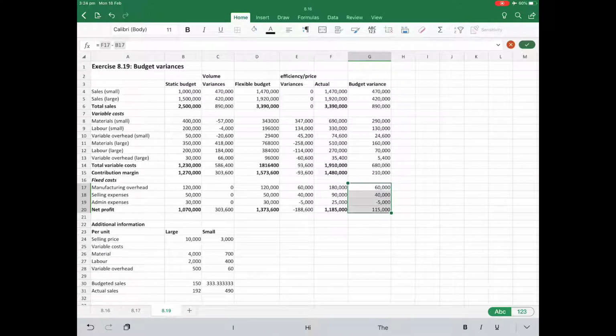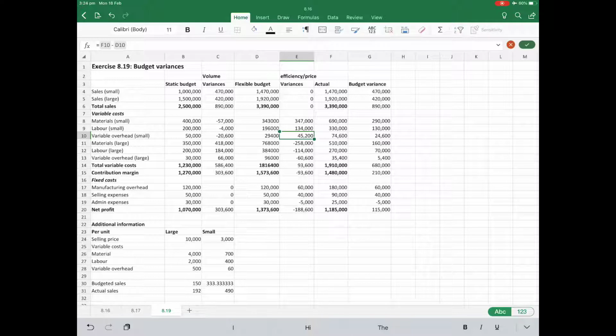Actually, if you add column C and column E, we will get column G. So basically if you just look at column G, you see the difference between the very first budget that we produced and the actual figures. But if you want to explore further what makes the difference, you calculate the flexible budget and start looking at other figures. It will tell you where you have to look. We have to do a further investigation.